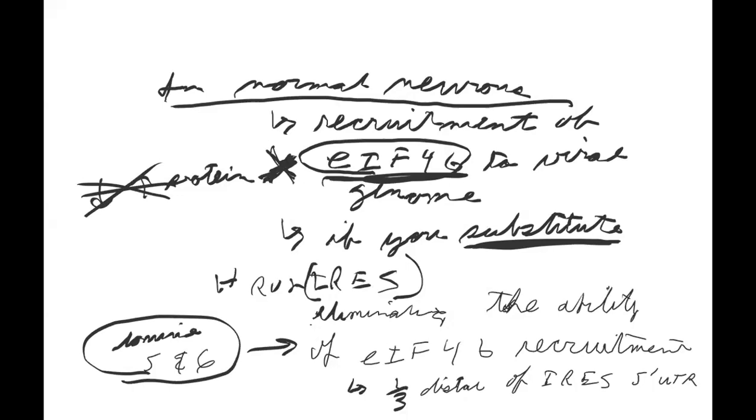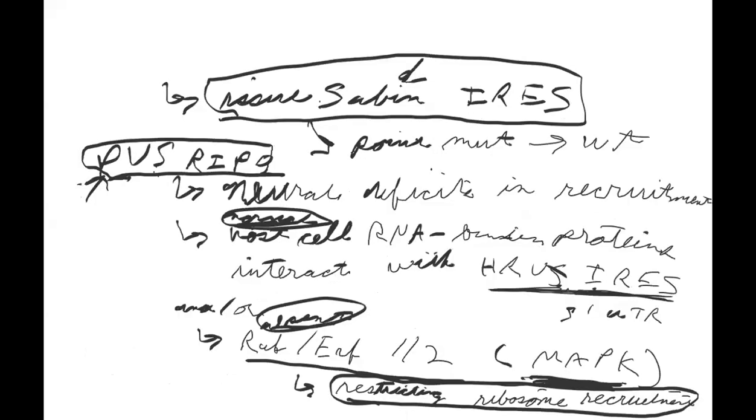And it's preventing this binding of EIF4G. Now, when you modify it, then in normal cells, it won't be able to translate the protein of the virus.